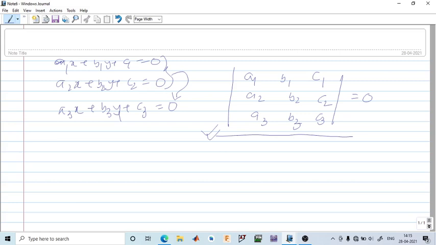And there are some other ways also. Suppose this is L1, this is L2, and this is L3.